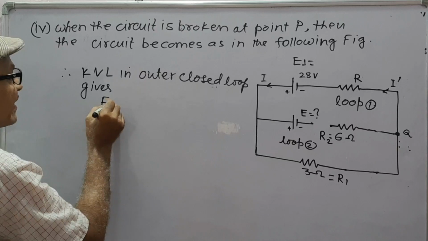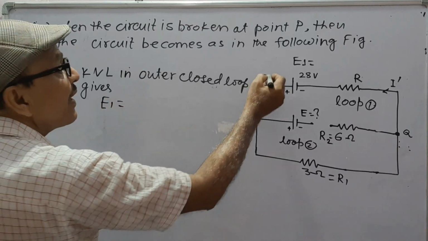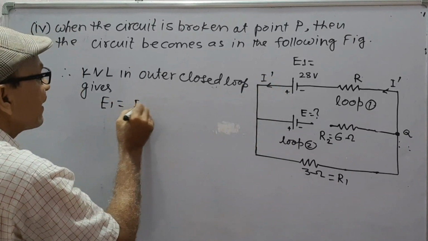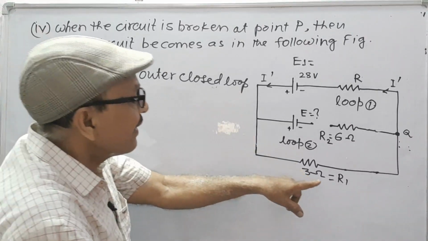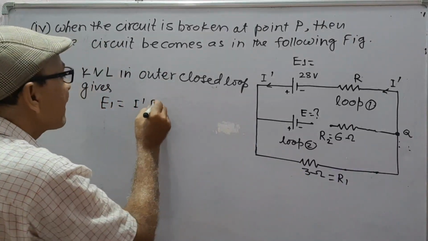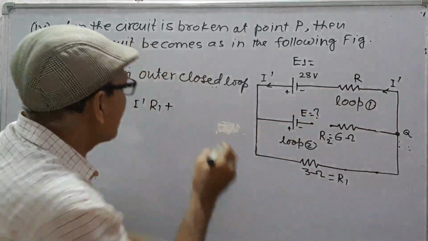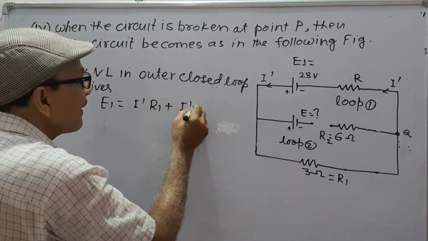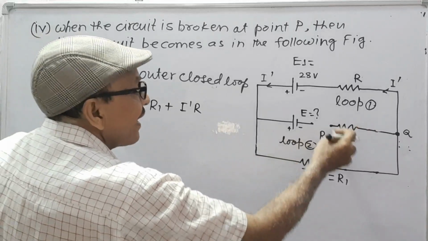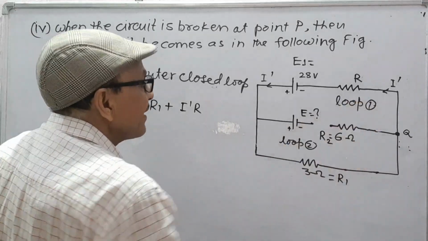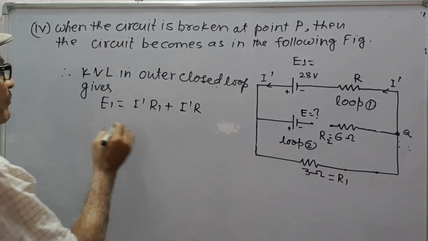Sigma EMF is E1, which is equal to I dash R1 plus I dash R, because R2 and E are passive, disconnected.